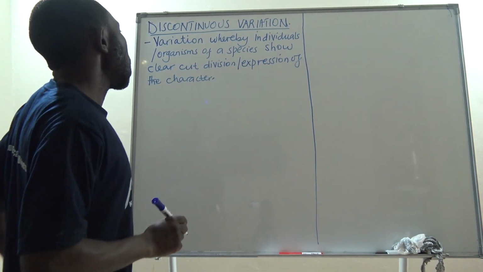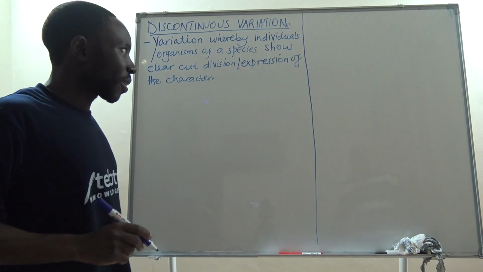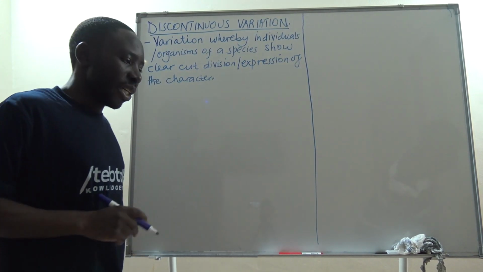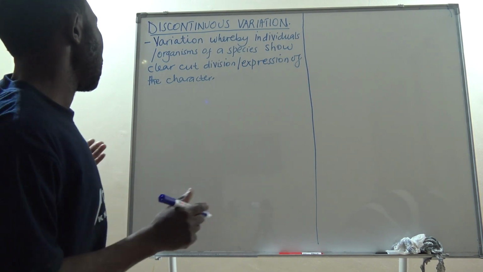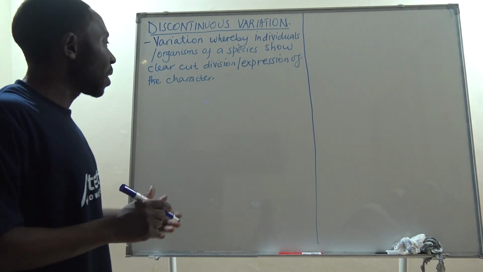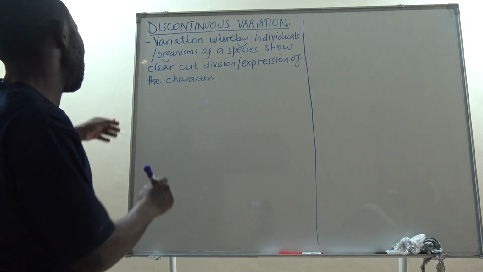That is what we call discontinuous variation. It is where there is clear-cut division of the character varying between individuals of a species.